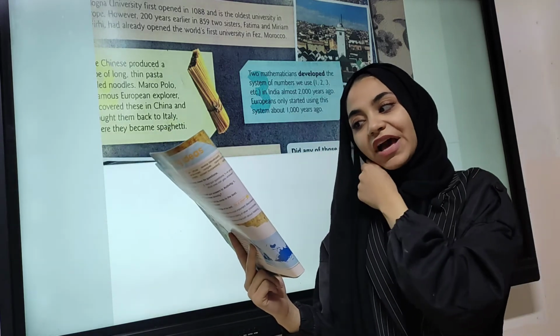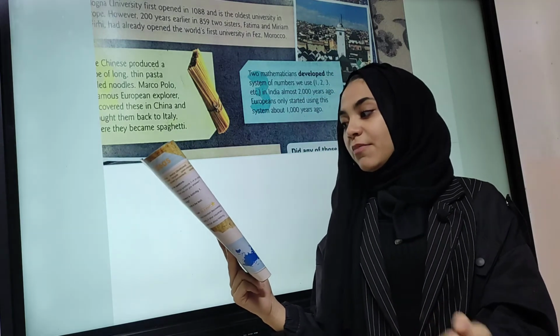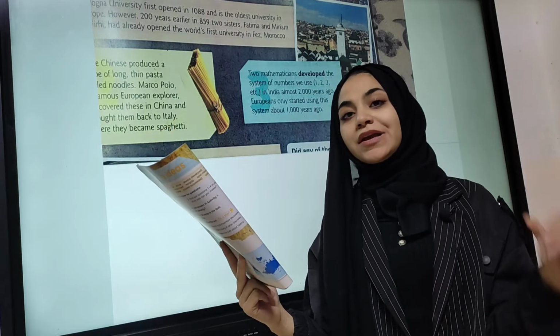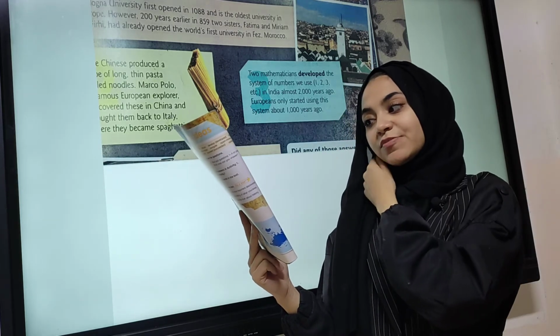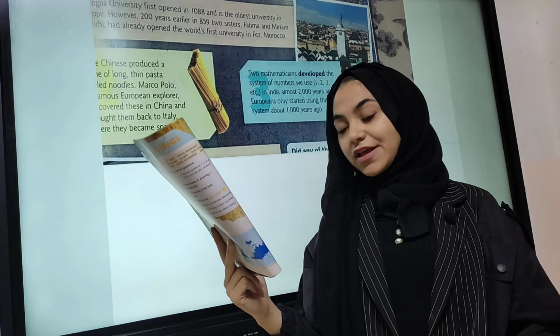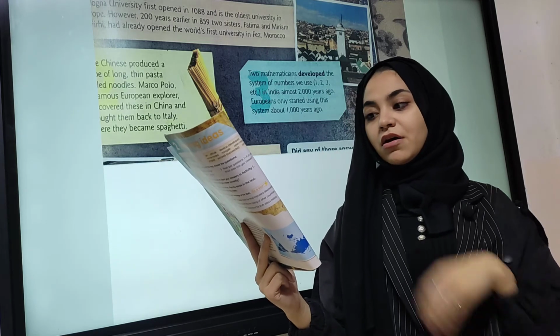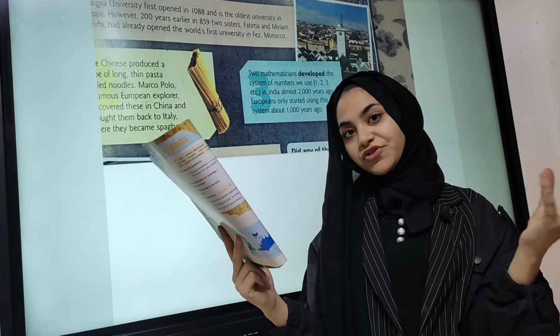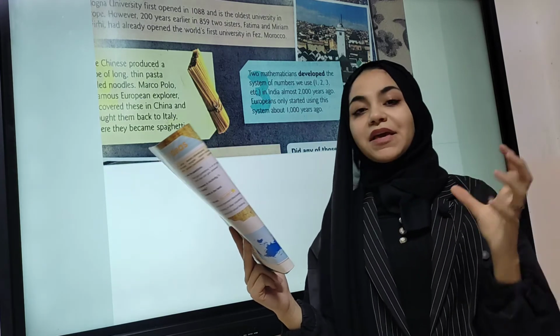So here we have a famous European explorer who is called what? Marco Polo. He discovered these noodles in China and brought them back to Italy. After he brought them to Italy, they became spaghetti.